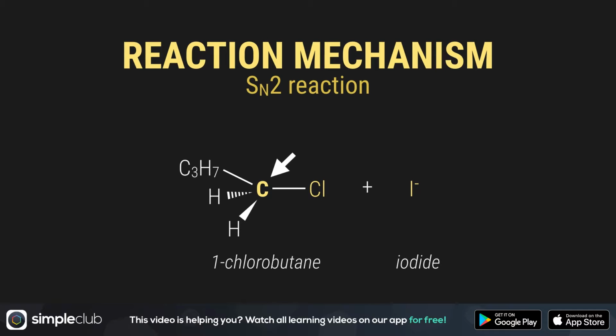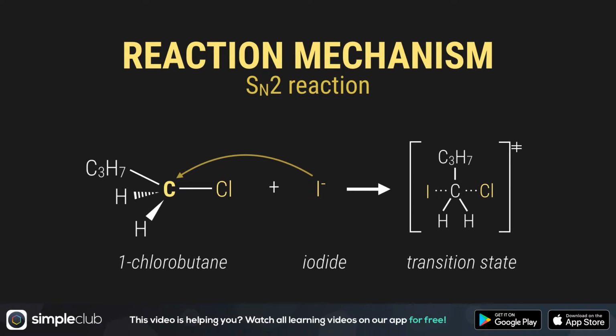And now what happens is the nucleophilic attack of the iodide on the carbon atom, which takes us through a transition state. The bond between the carbon and the chlorine is loosened, while the bond between the carbon and the iodine is formed. And the chlorine gets replaced with the iodine. This transition state is the rate-determining step.